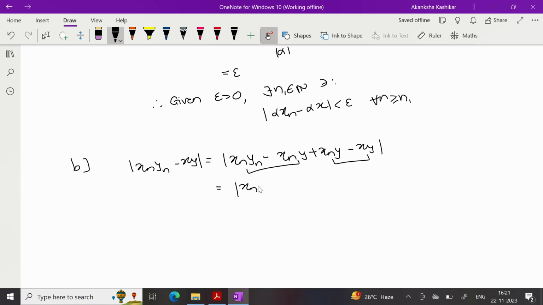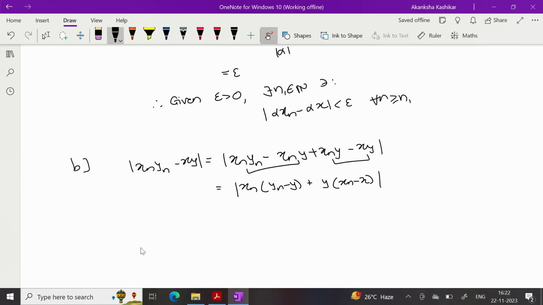This I would write as xn into yn minus y, plus y common into xn minus x. Let us just check the signs. I have minus x and y plus x and y. If I take xn common, I have yn minus y. Then if I take plus y common, I have xn minus x.